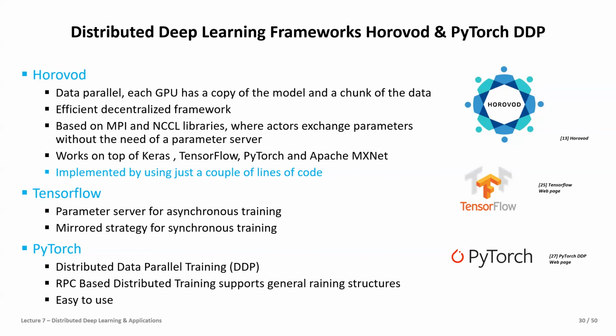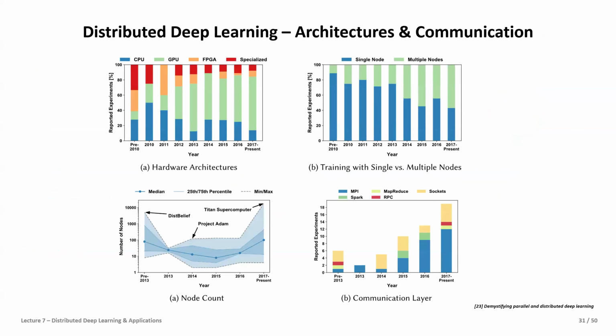So then let us look at some aspects when you are now thinking about architectures of HPC and communication ideas, single node versus multi-node setups, and so on. Again, I use here this interesting paper that looked at a lot of published findings over many years now.